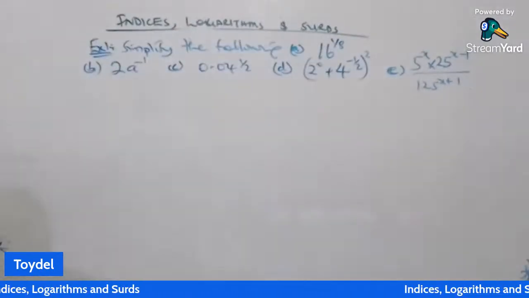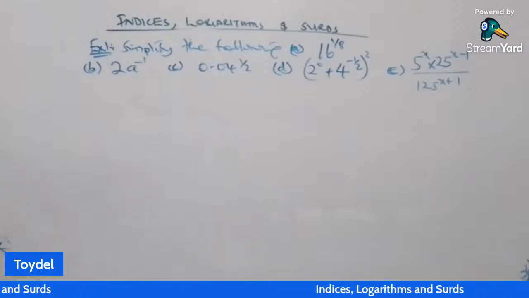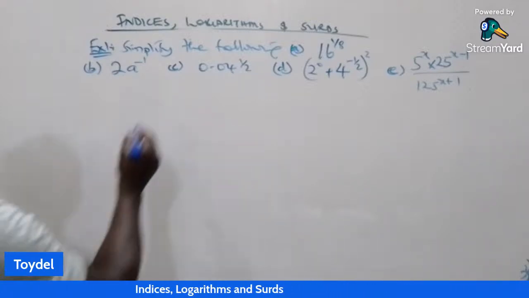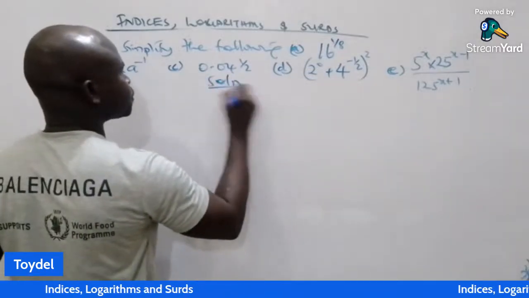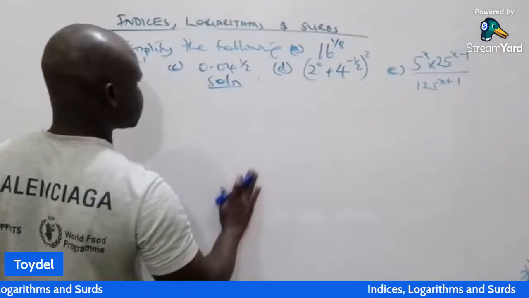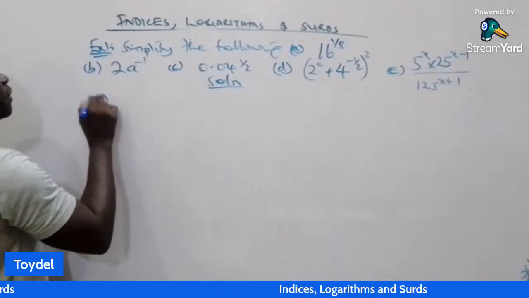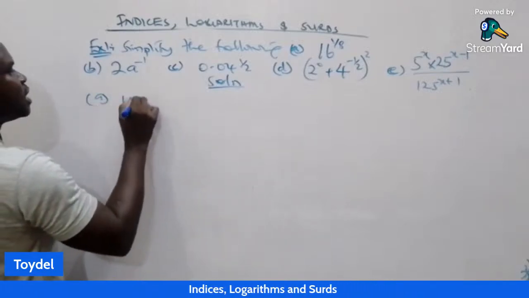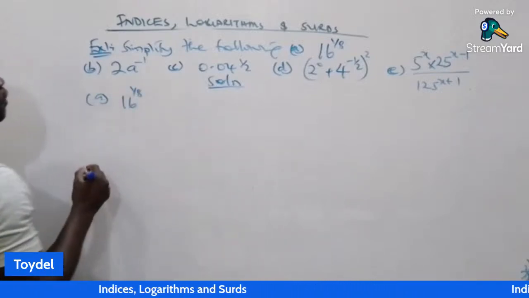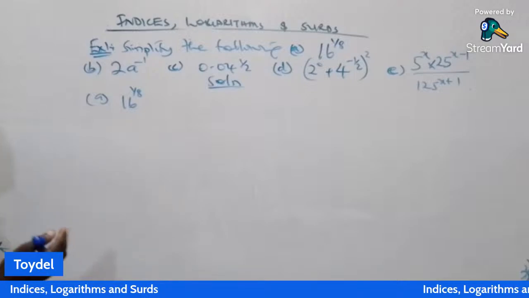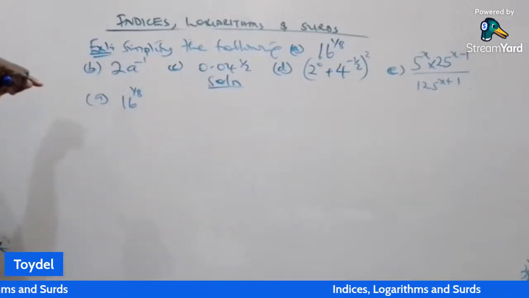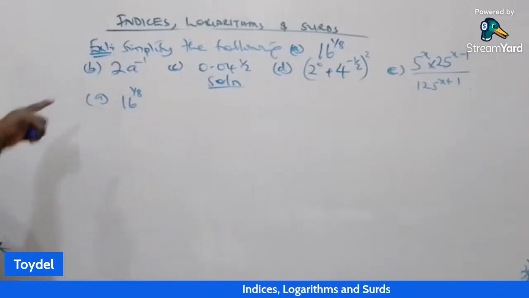So let's attempt the questions that we have on the board. The first one, we have 16 raised to power 1 over 8. Of course, the base is 16, and the denominator of that power is 8.